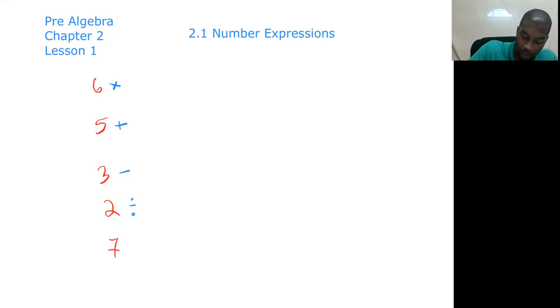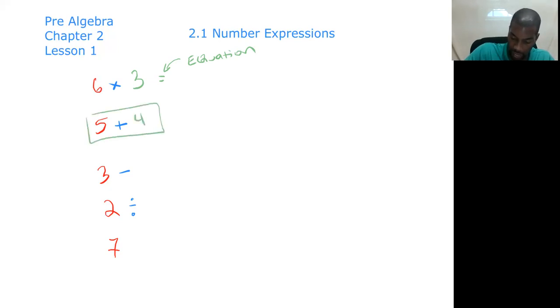If I had 6 times 3, that whole thing would be called a number expression. If I had the equal sign behind it, it would be called an equation. So if it has the equal sign, it's an equation. No equal sign, and an operation and a number, let's say the number over here is 4, this is just called a number expression.